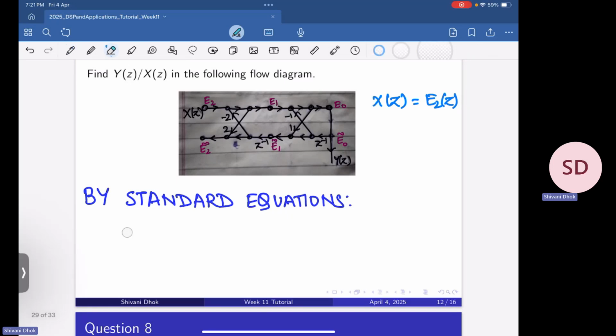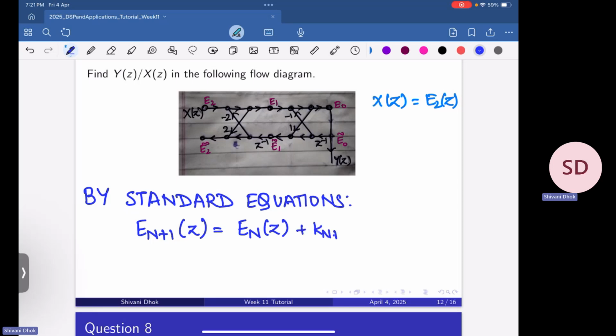We have E(n+1) of z is equal to E(n) of z plus K(n+1) E(n) tilde of z into z inverse.